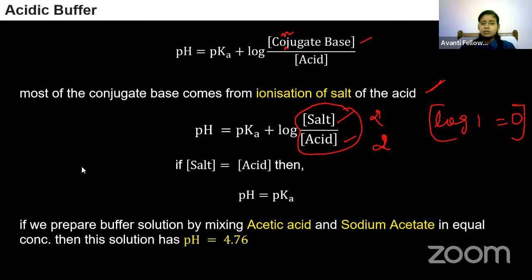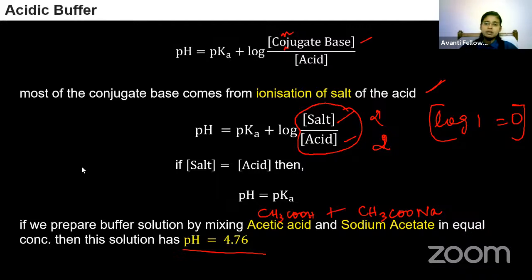If we prepare a buffer solution by mixing acetic acid and sodium acetate in equal concentration, then this solution has a pH equal to 4.76. So this value is for this particular mixture.